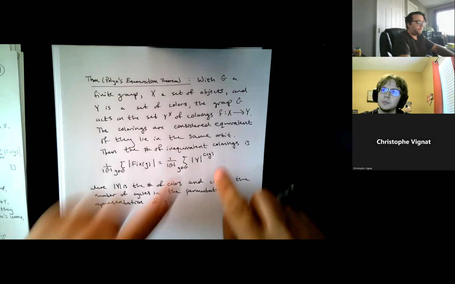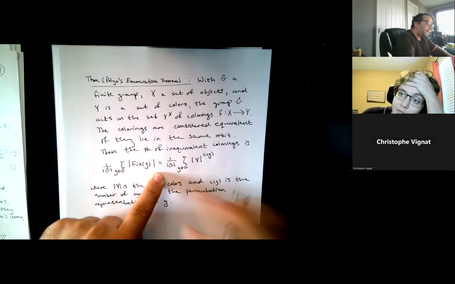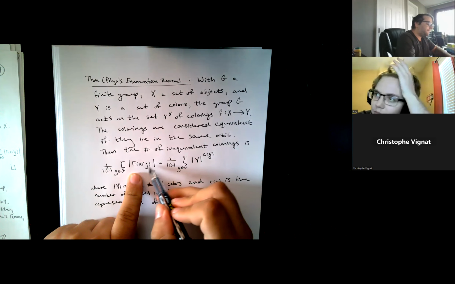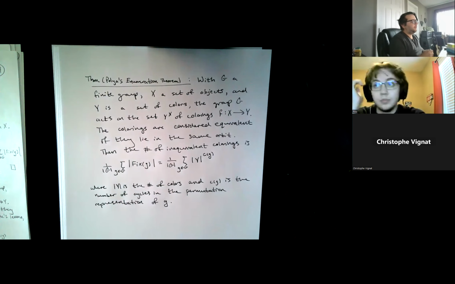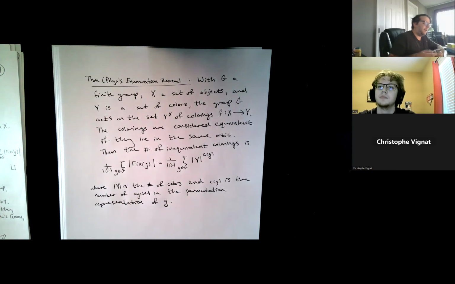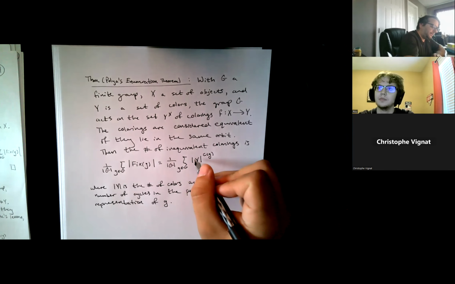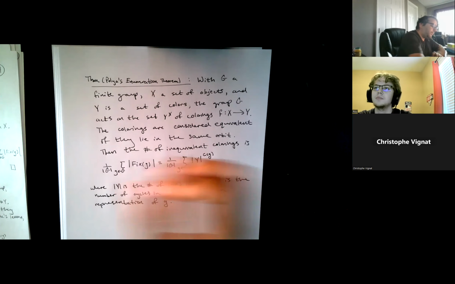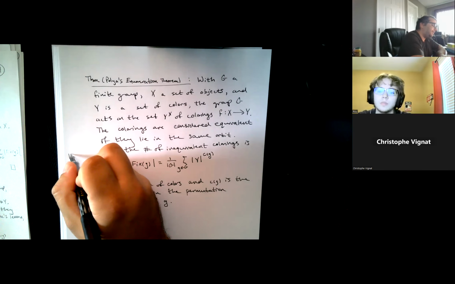So why is this the case? A coloring will be fixed by g, or g will fix a coloring, if... how do I explain this? Okay, so how many possible maps are there from X to Y?